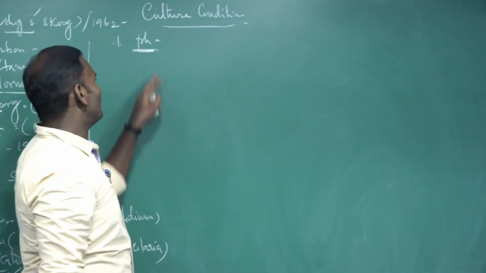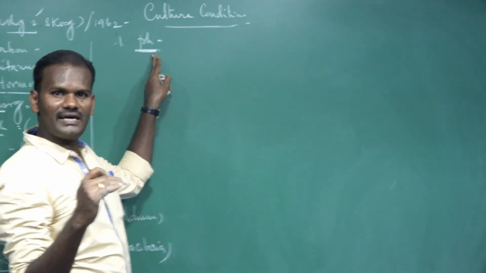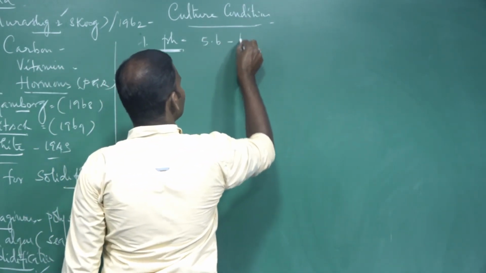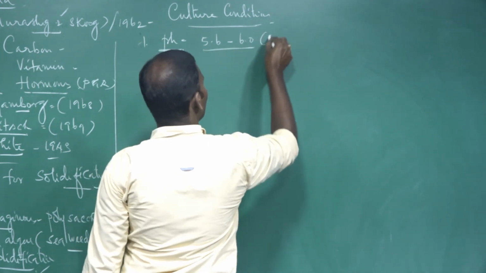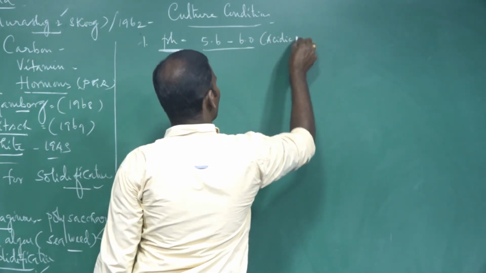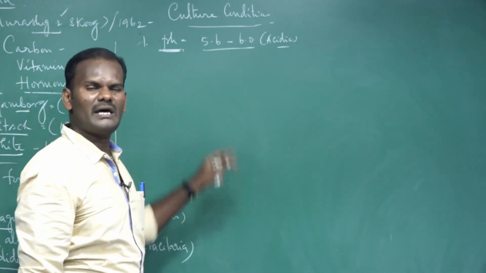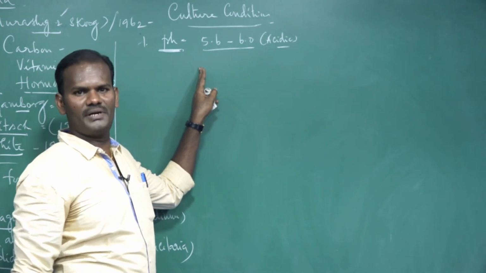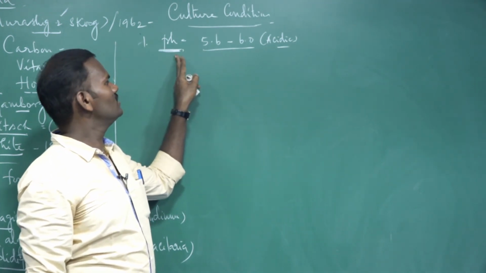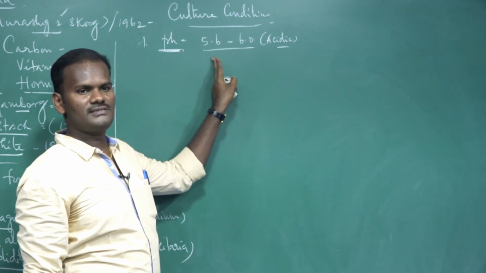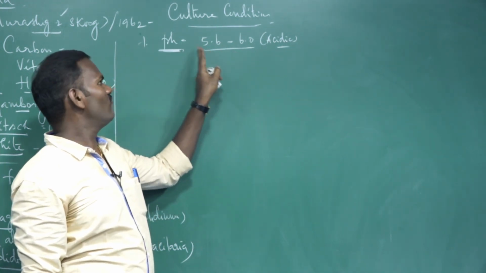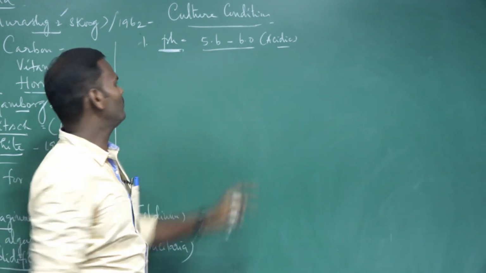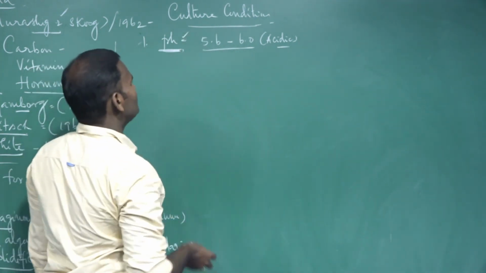The pH of the culture medium should be adjusted between 5.6 to 6.0, in the acidic range, not in alkaline condition. That is the best result for the growth of tissues on the culture medium. These are the pH ranges used in plant tissue culture. It's the first culture condition.